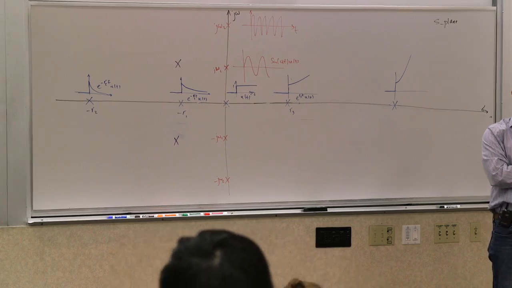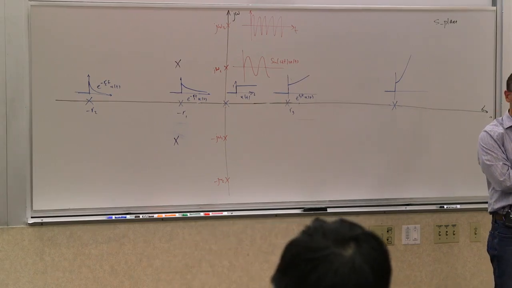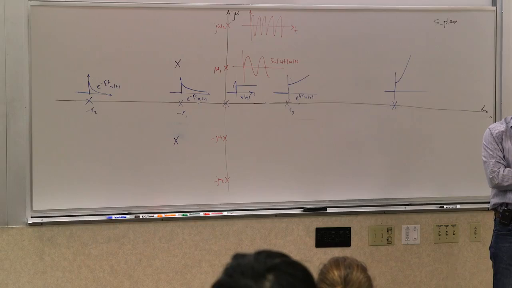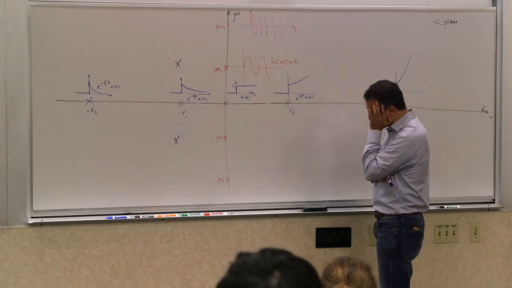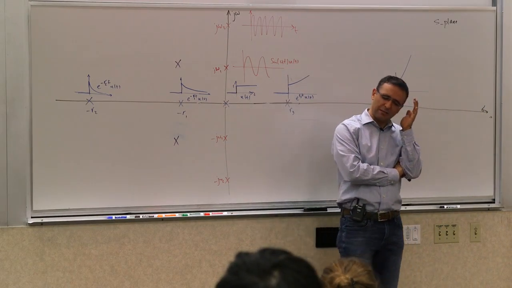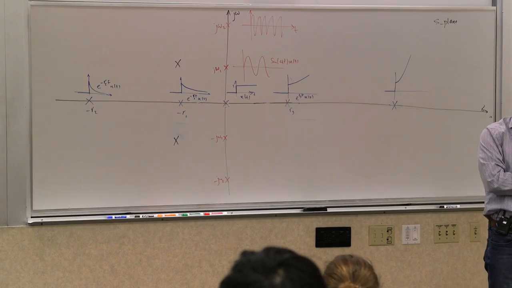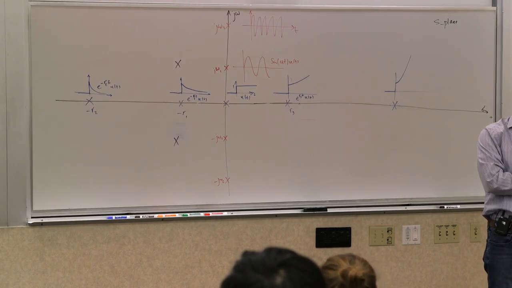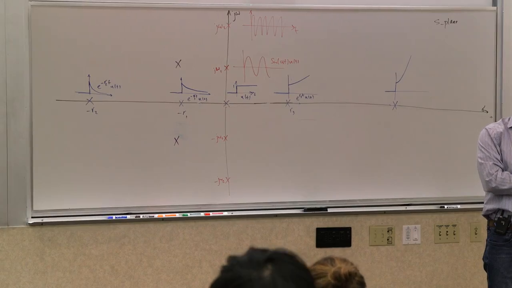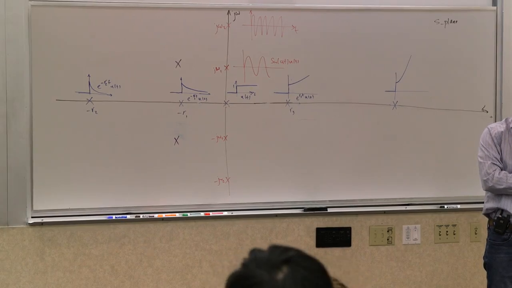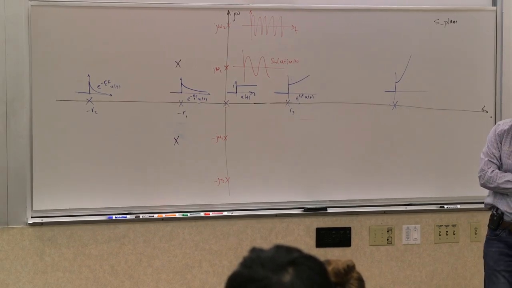Those correspond to things like what I just showed: omega 0 over (p plus sigma) squared plus omega 0 squared. And what kind of response do they generate? Decaying sinusoids, right?